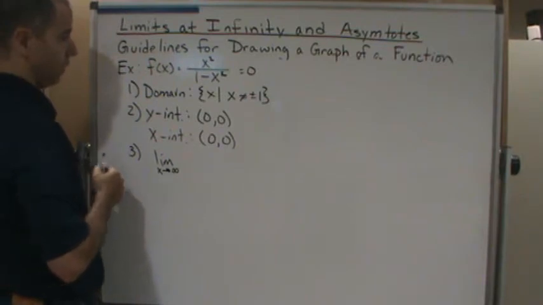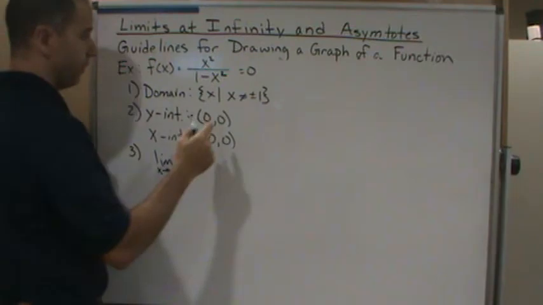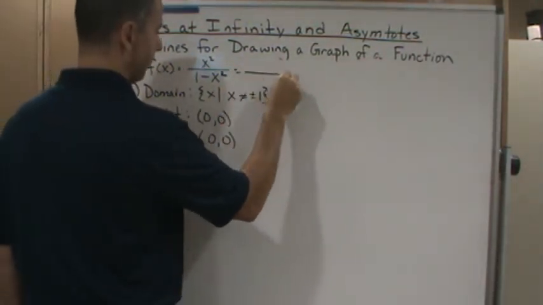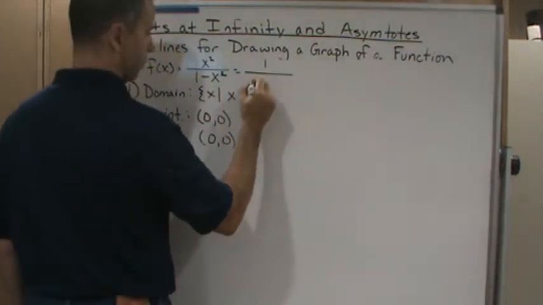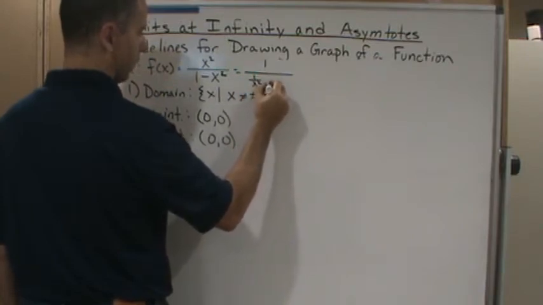Here you're going to get infinity over infinity. So remember what we have to do: divide the top and the bottom by the largest power of the denominator. That's going to make this into 1 divided by 1 over x squared minus 1.